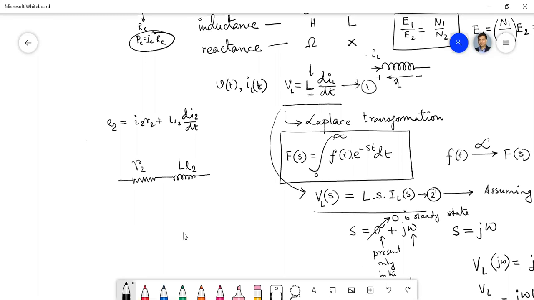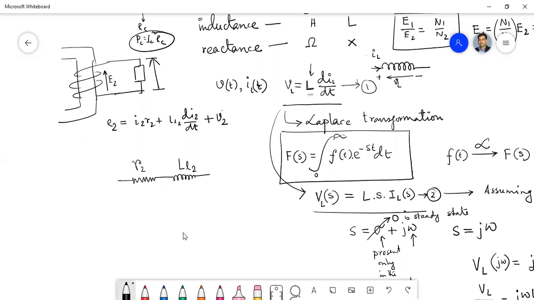So what else will be in this equation? There will be another voltage V2 which is available at the output of this secondary coil. Suppose if we remember the secondary that we have drawn like this, where the voltage induced was E2, and here you have connected some load, through which the voltage we get is V2. So V2 is called the terminal voltage.